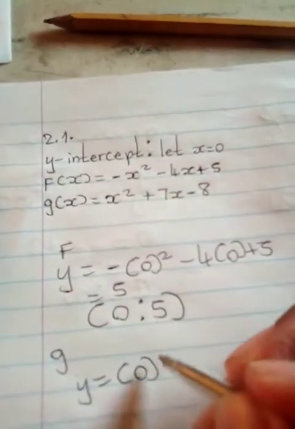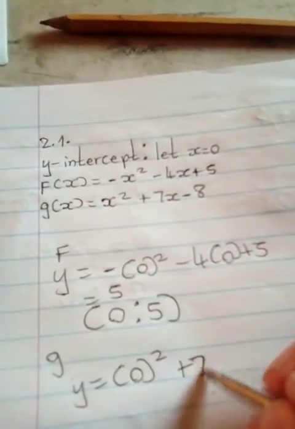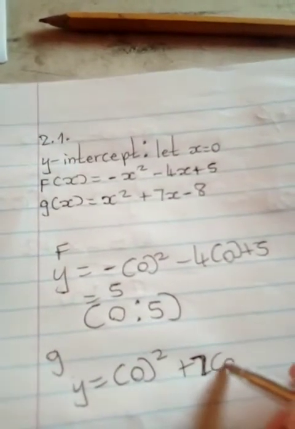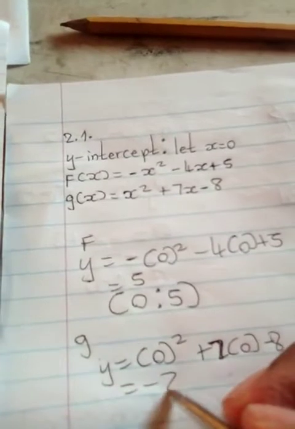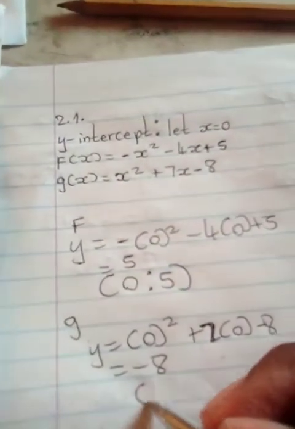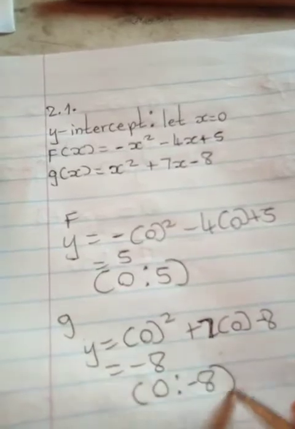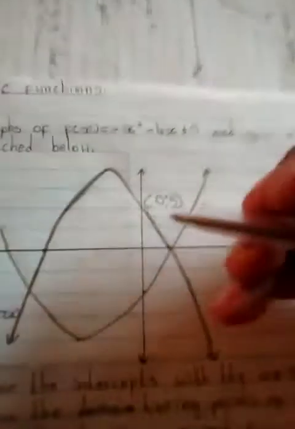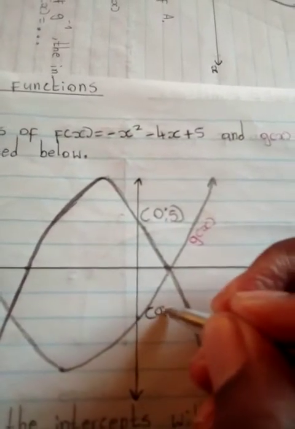You see 0 squared plus 7, not 2, 7 minus 8, and y has to be minus 8. As a coordinate, (0; -8), like that.